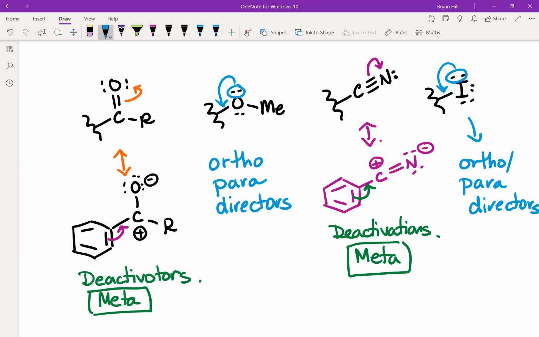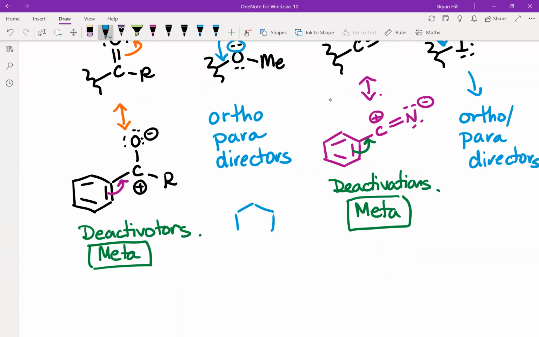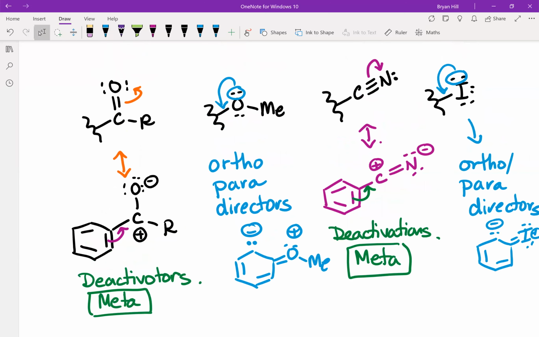Because if we were to draw this resonance structure here, this OMe, oxygen's going to have a positive charge, but you've got a negative charge on the ring in the ortho position. And then we could draw another resonance structure where it's in the para position. Same thing over here. The iodide would be positive, negative. But this basically goes all the way back to drawing resonance structures.